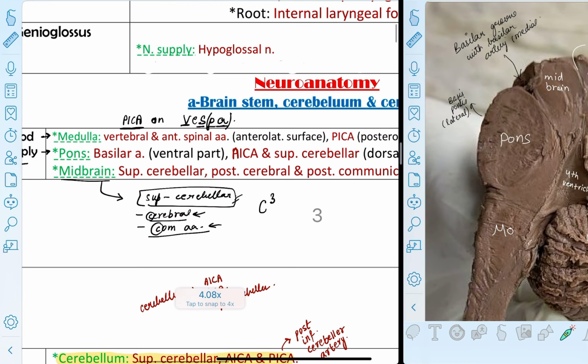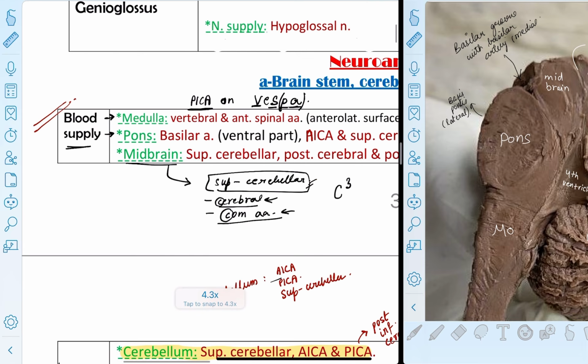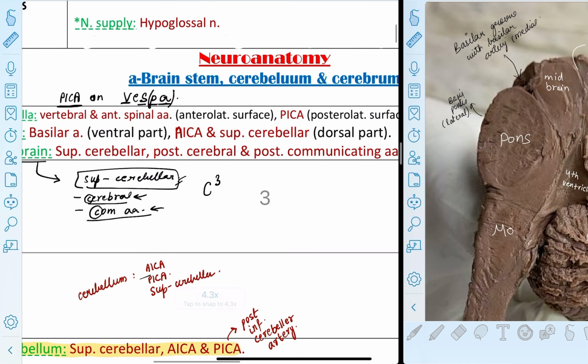Okay, next, midbrain. In midbrain, the mnemonic that I've figured out is C3, C cube: cerebellar, cerebral, and communicating arteries. Now we all know cerebellar has to be superior. So superior cerebellar, posterior cerebral and posterior communicating arteries.